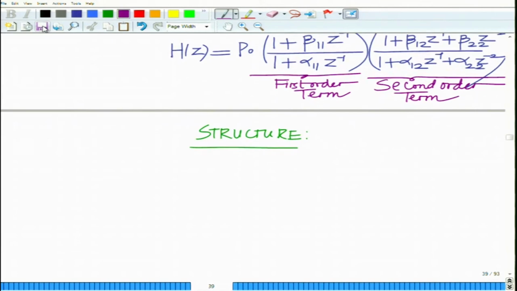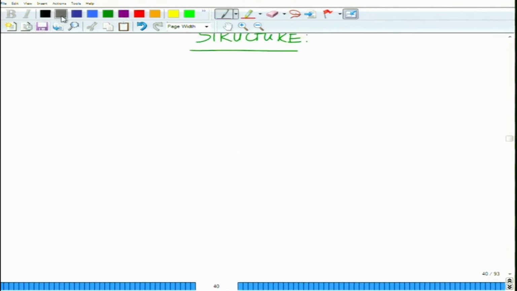And this can be represented as follows. I have x[n], a cascade of one system after the other.